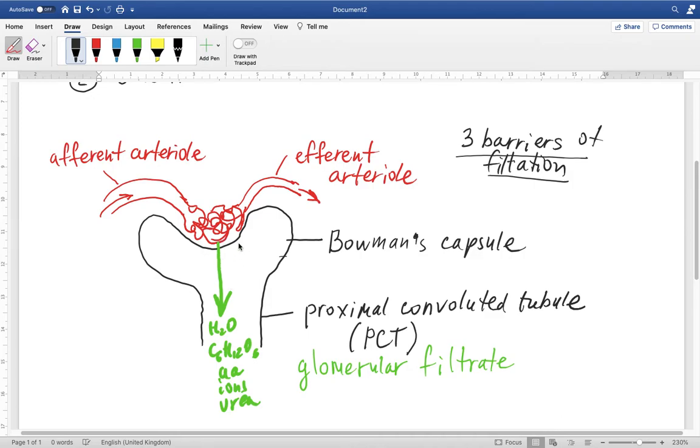What do you notice on that diagram which stands in the way of that blood inside my blood vessel? What is stopping it from ending up here? You should be able to, by just looking at this picture and thinking about it logically, give me the names of 2 barriers of filtration. No more, no less than that.